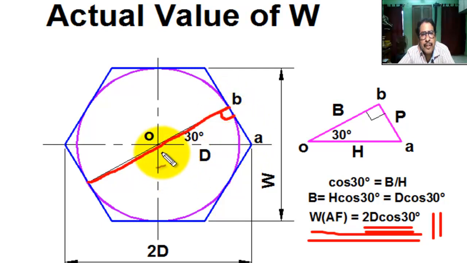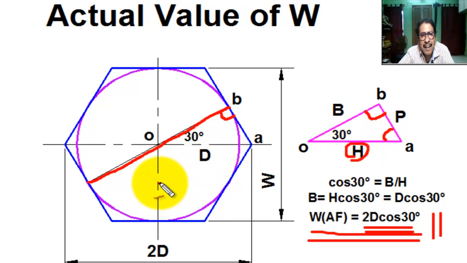In triangle OAB, this is 30, this is 60, this is 90. If this is B, base, this is H, this is P, then cos 30 equal to base B by H, then B equal to H cos 30.